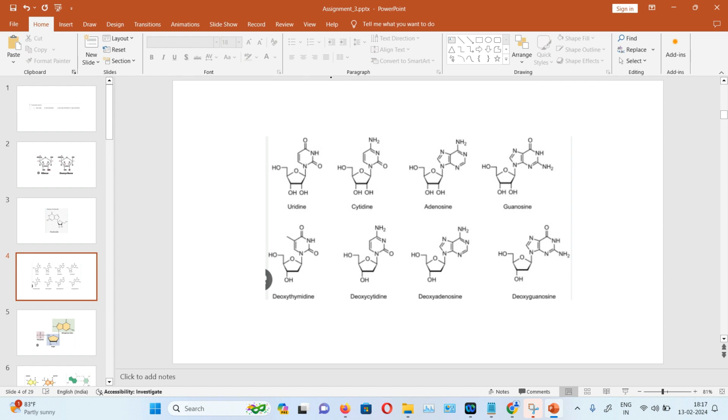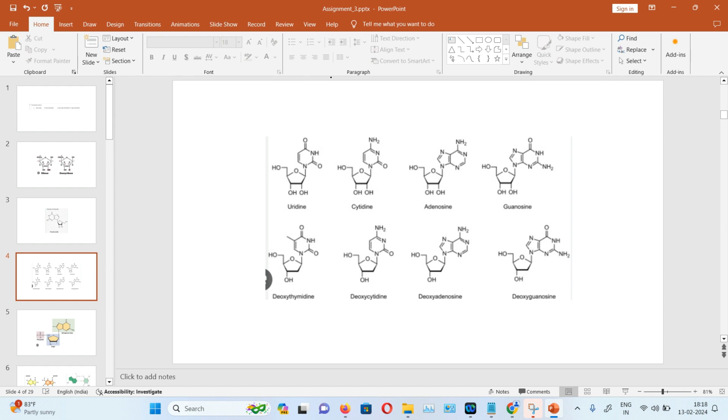But you can see that in the case of deoxythymidine, the nitrogen base is different from that of uridine. Actually, you can see there is one extra methyl group here. All others are similar, but in the case of a deoxy sugar, the connected nitrogen base is different.